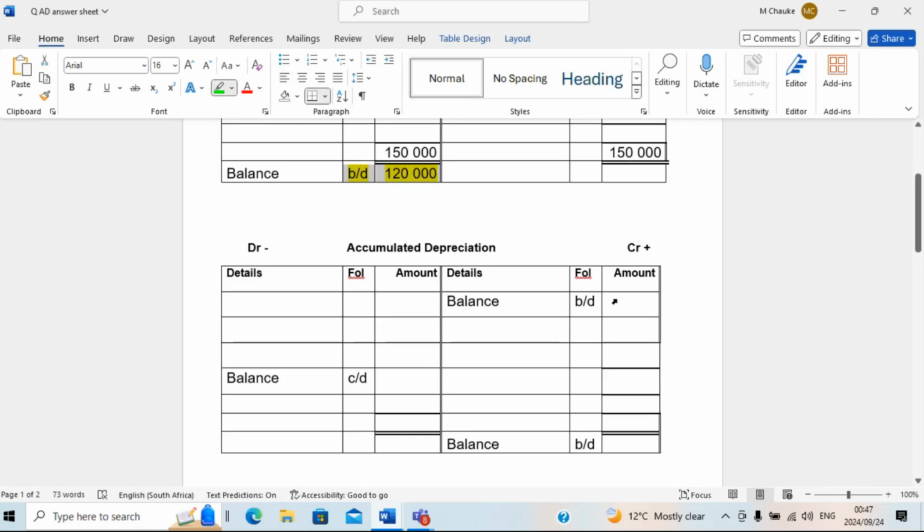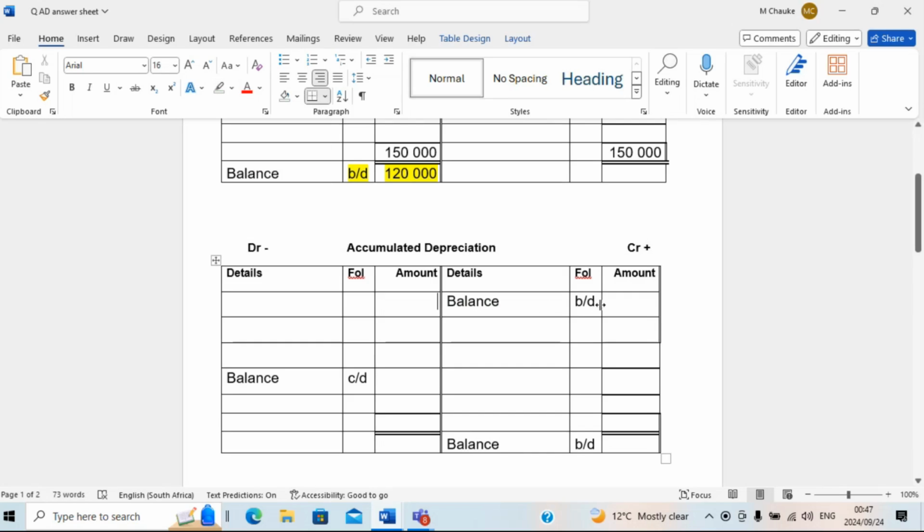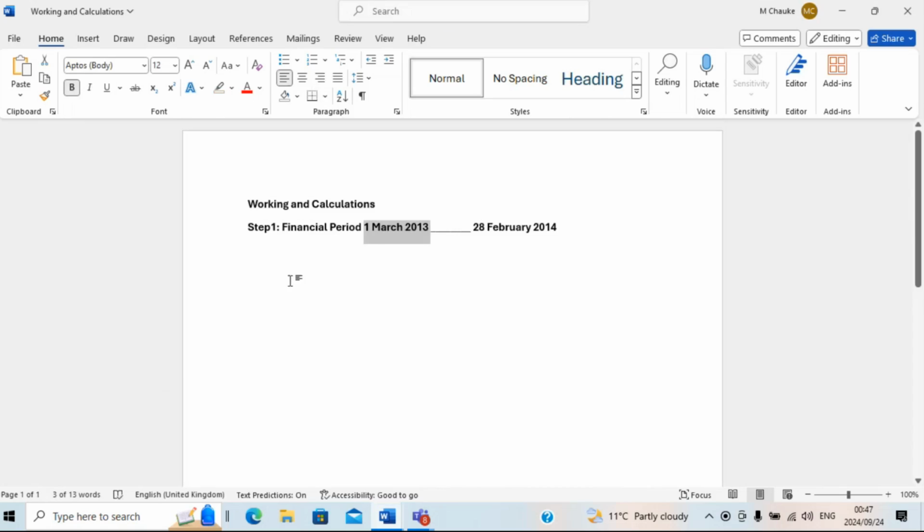So we're going to come this side here and record the opening of 11,500 on the accumulated depreciation, right? And then now for us to complete this account, we have to prepare or calculate the depreciations for each asset or for each vehicle.